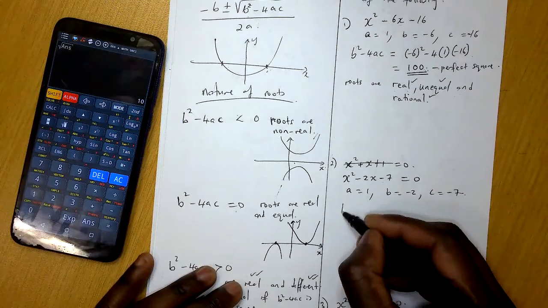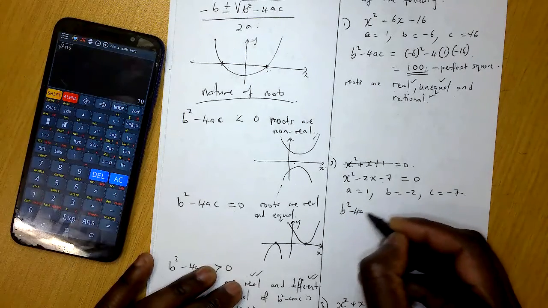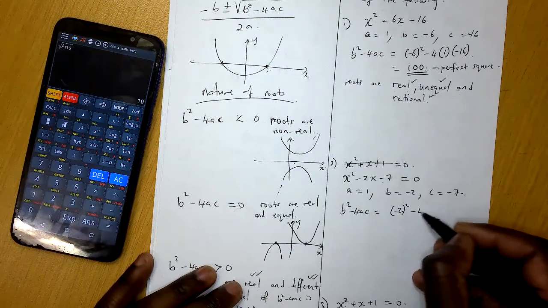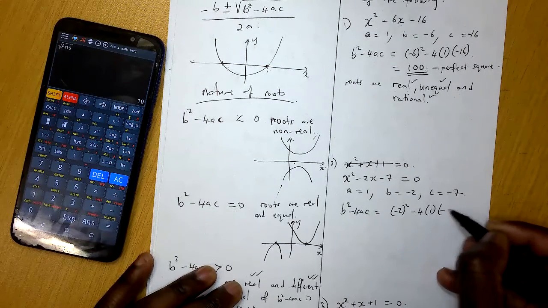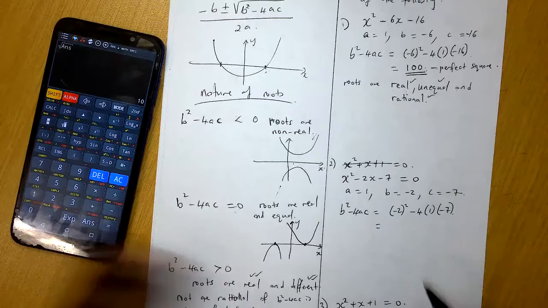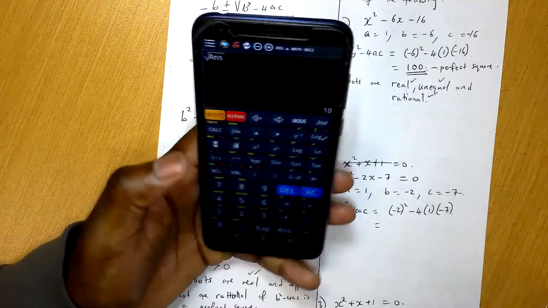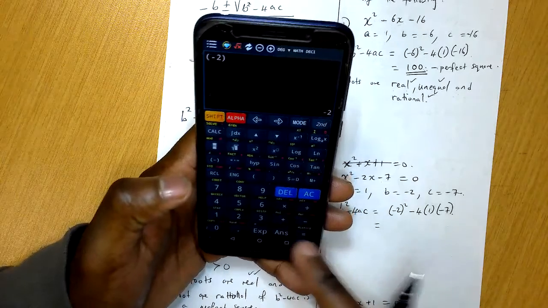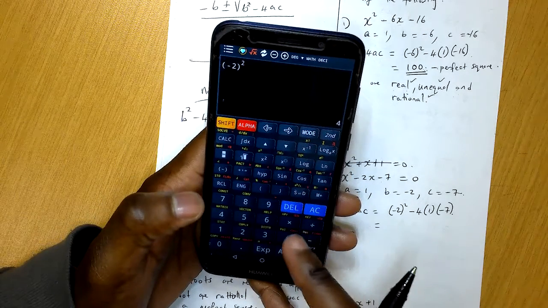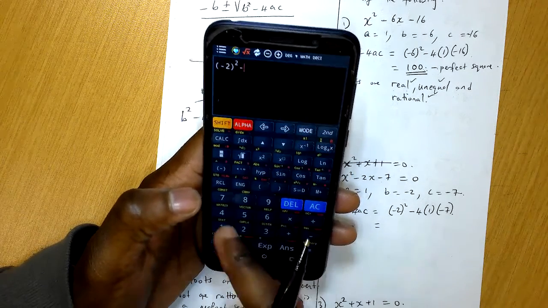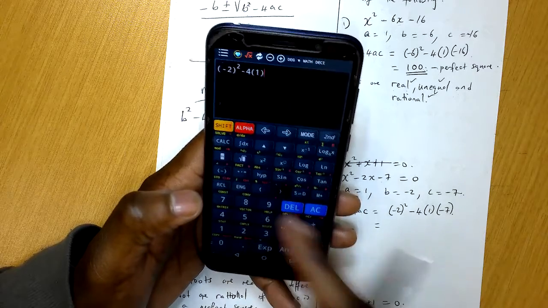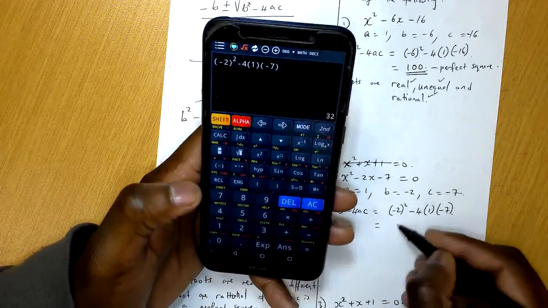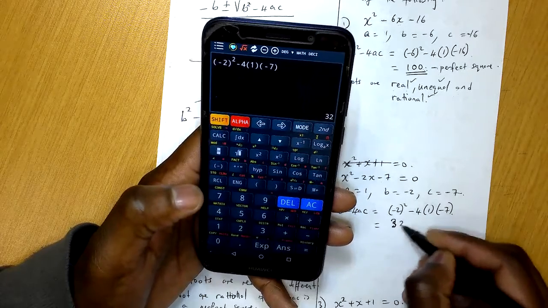Now b squared minus 4ac is equal to negative 2 squared minus 4 times 1 times negative 7, and you get 32.